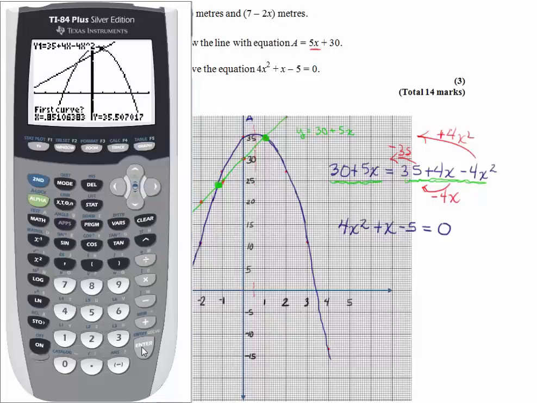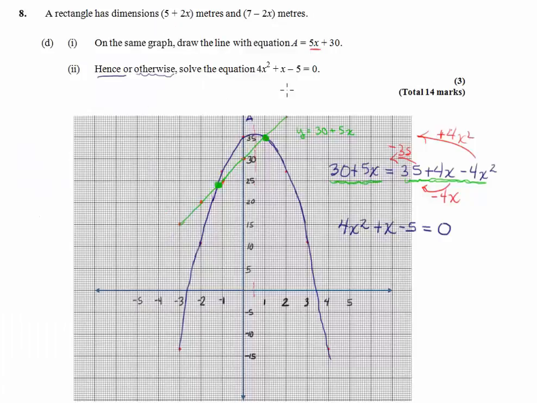Here we just have to move the cursor over close to where the first intersection is, take a guess, and it tells me that the intersection is when x equals 1. The y value being 35, we don't necessarily need to know because we're just solving for x. And so I now know that one value of x is equal to 1.